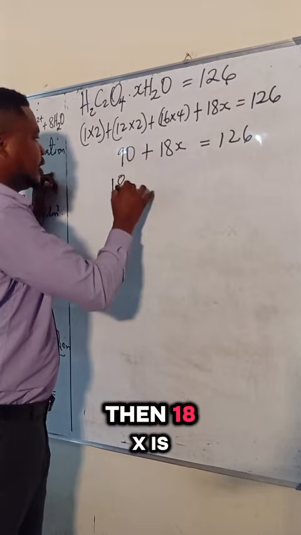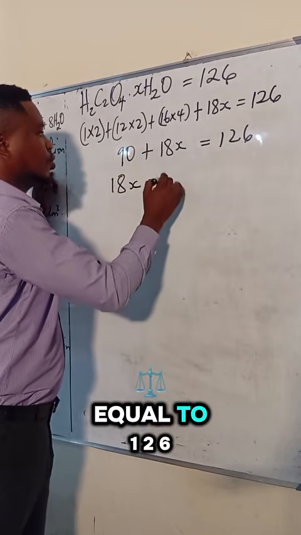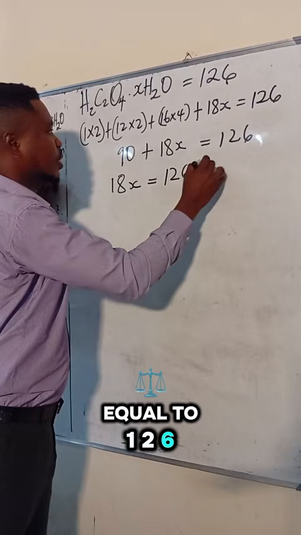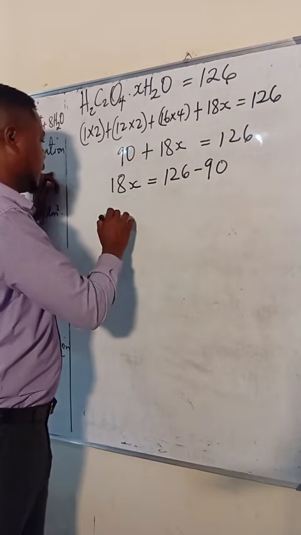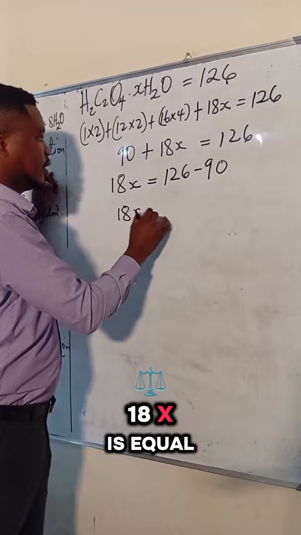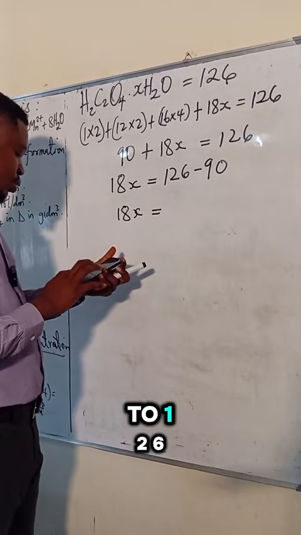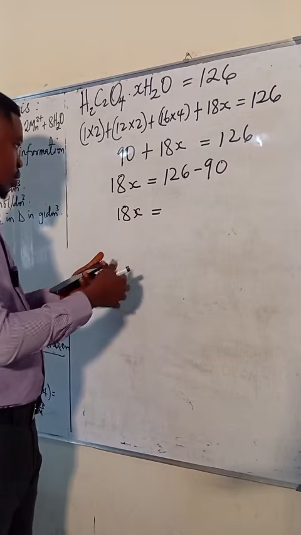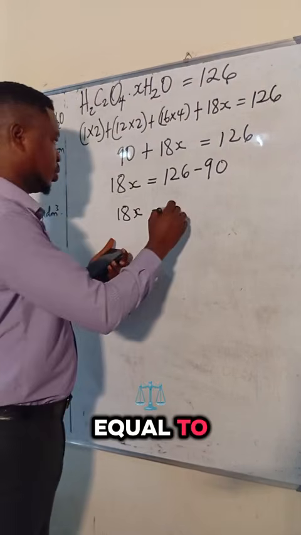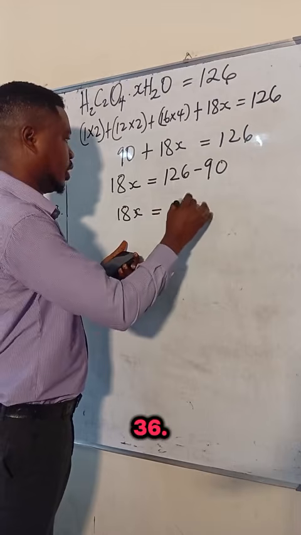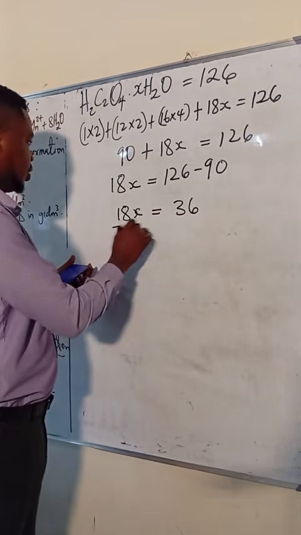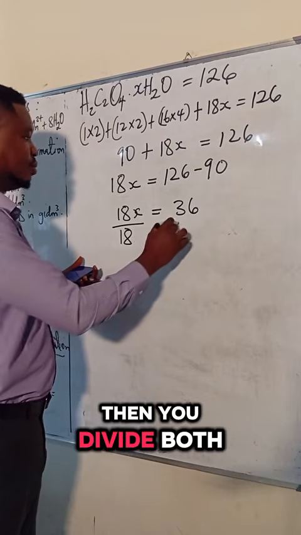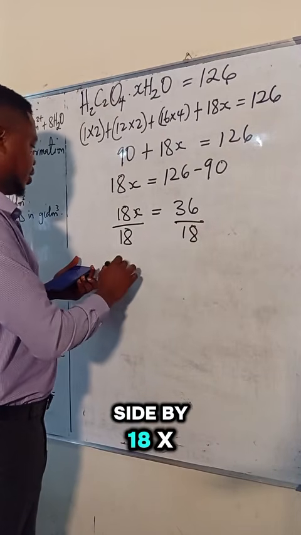Then 18x is equal to 126 minus 90, which is 36. Then we divide both sides by 18.